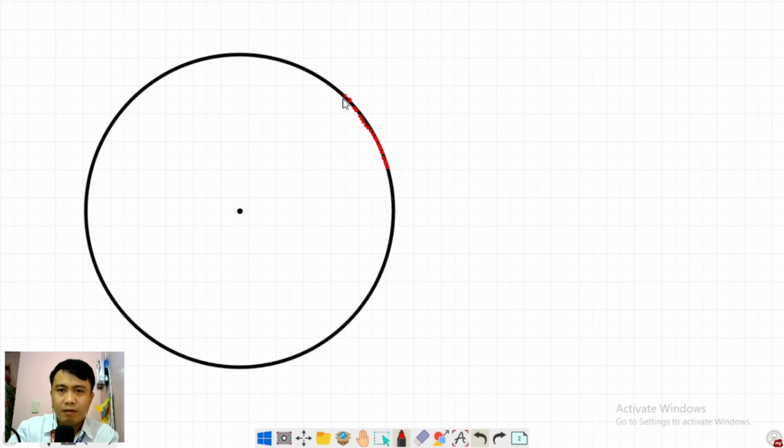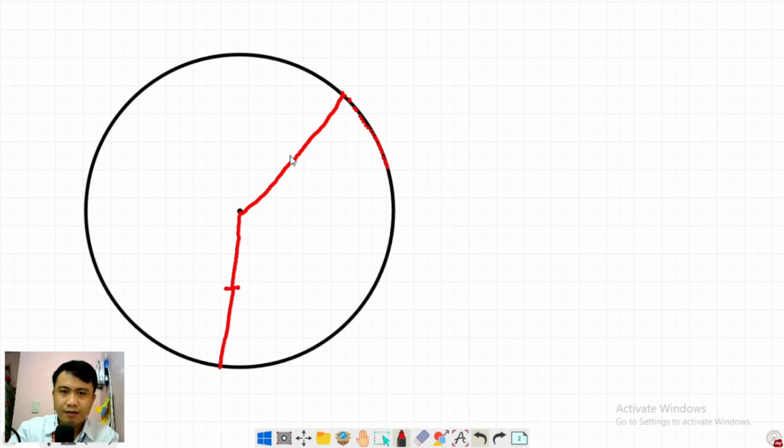We're going to measure the distance or the length nitong ating segment from this point up to this point na nasa gitna. Yung measurement nito ay parehas lang sa measurement kung kukuha tayo ng point dito. Parehas lang.